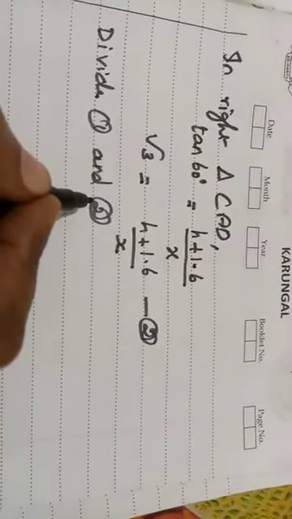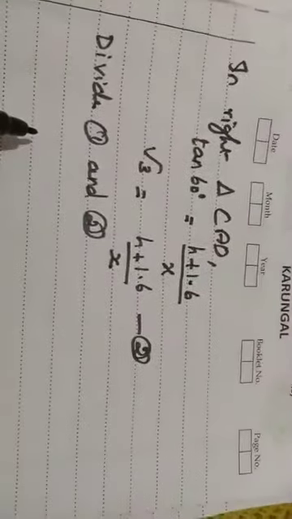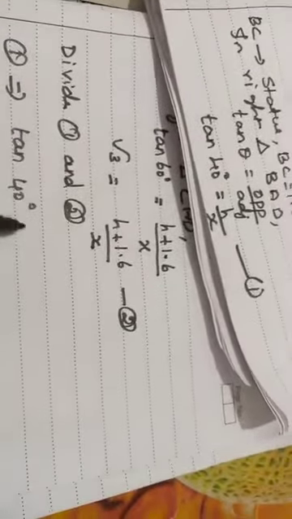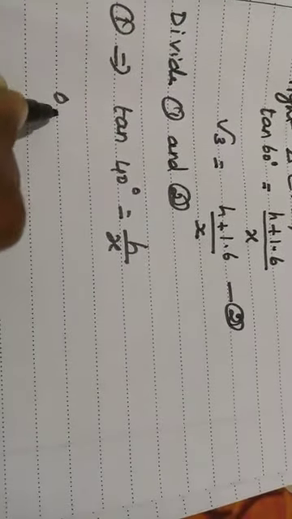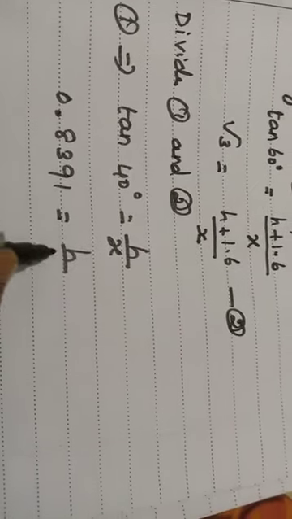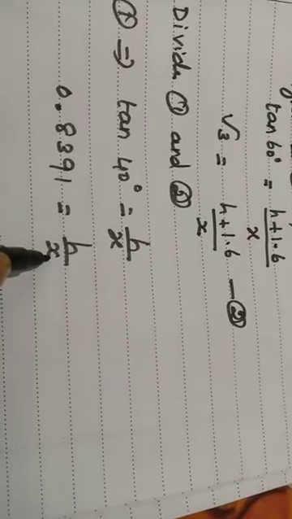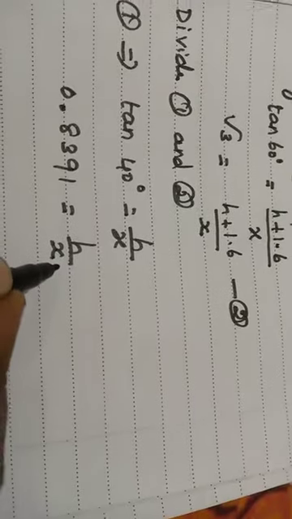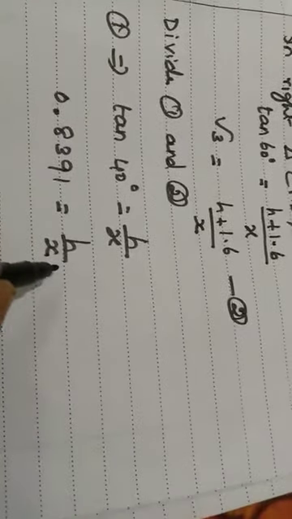So what is equation 1? Tan 40 is equal to h by X, no. What is tan 40 given? 0.8391 is equal to h by X. This one we have to divide by equation number 2.